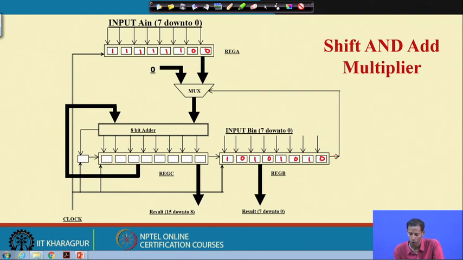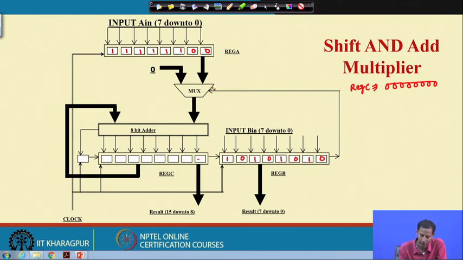Okay. So, initially what is happening, 0 is coming. So this register C, at the very beginning, is filled with all 0. Then it is choosing A, that means this 1.